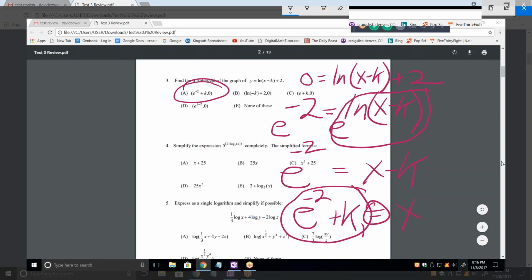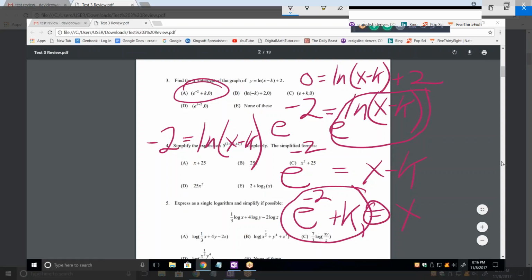Because there's other ways to do it. In other words, when I was down to this step here, when I had minus 2 equals natural log of x minus k, I didn't necessarily have to exponentiate both sides. I could just convert it to exponential format.